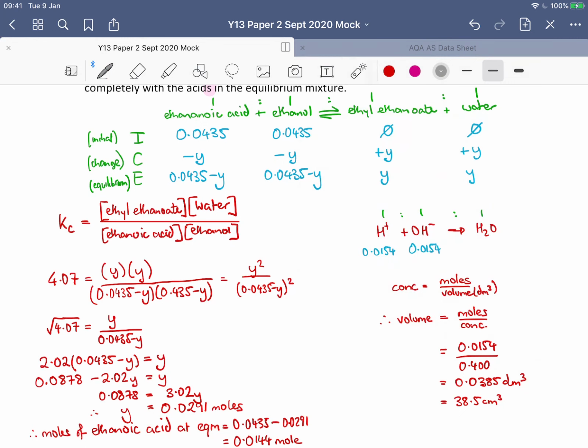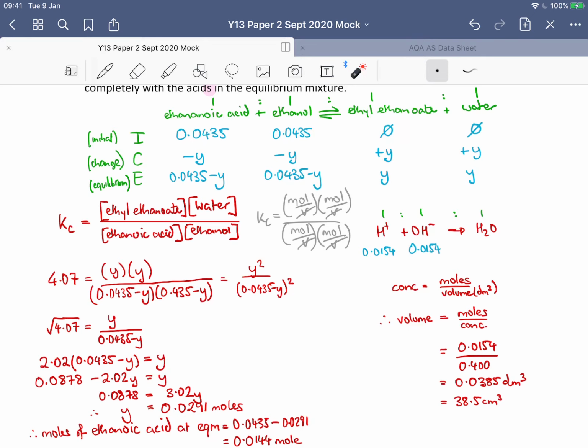If I write Kc equals mole over volume to the power of 1, and that's mole over volume, and that's mole over volume, and the volume is the total volume of the mixture, right? So the moles can be different, of course, but the volumes are all the same. They cancel out.